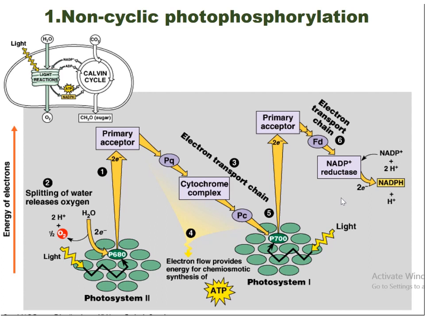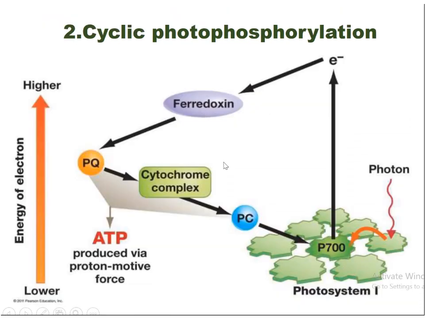Okay, so this is the overall non-cyclic phosphorylation process. So through this process, we get ATP and NADPH2, our targeted molecules. And then let's see the cyclic photophosphorylation process.